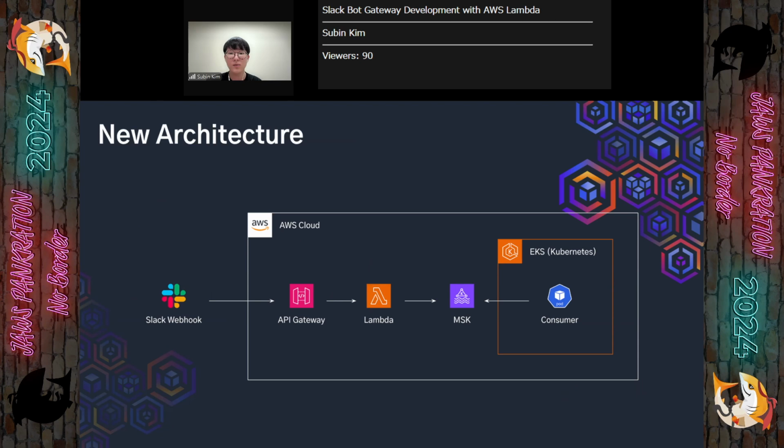The advantages of this architecture lie in its simplicity and scalability. Each component can be scaled independently, and the use of managed services reduces the operational overhead, allowing developers to focus more on building features rather than managing the infrastructure.